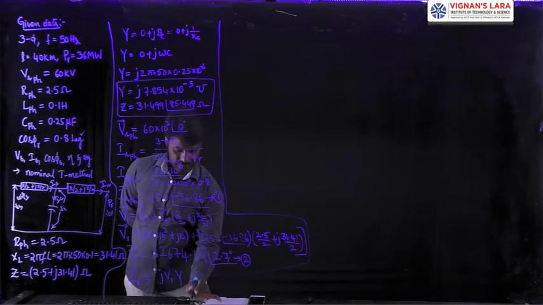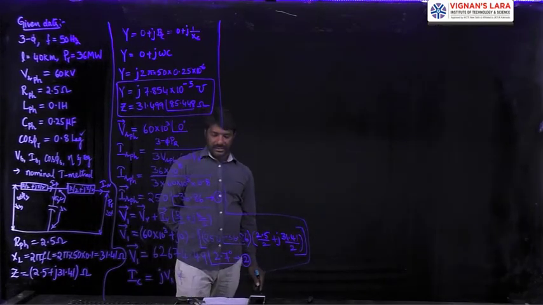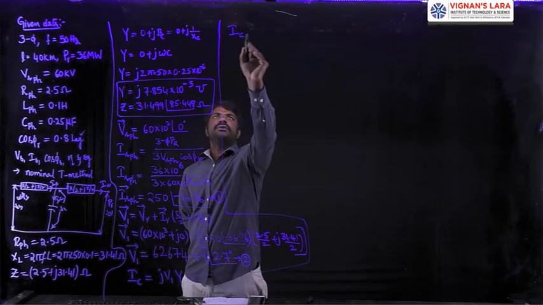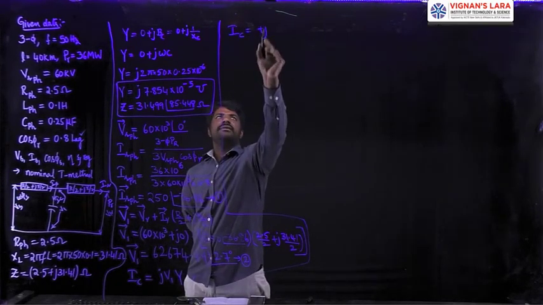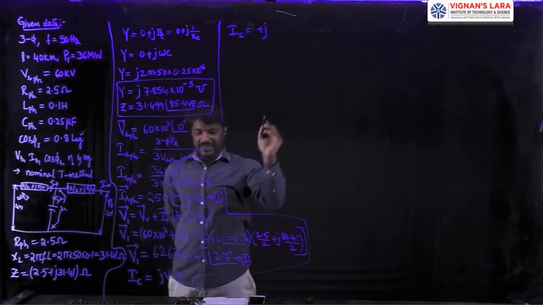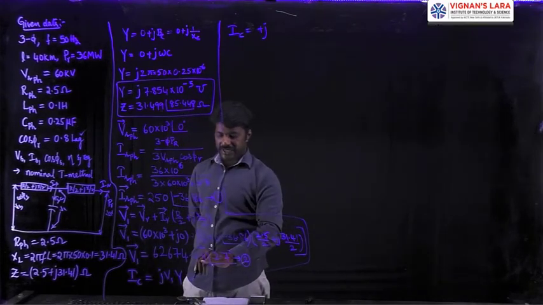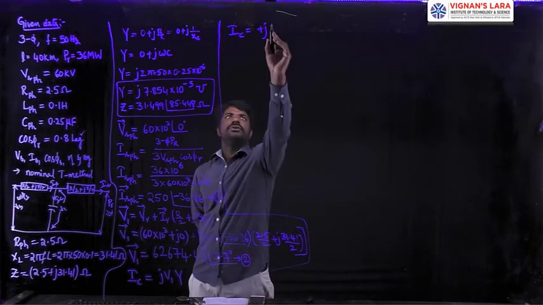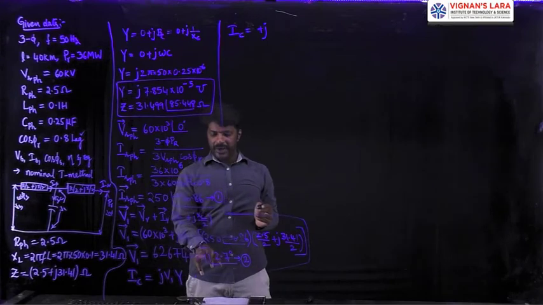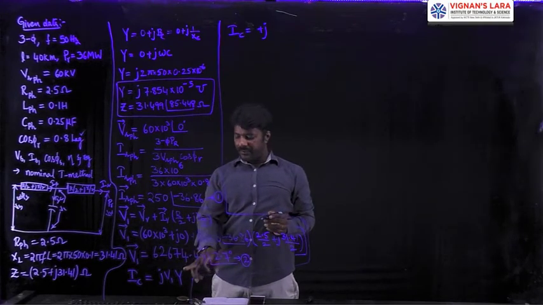So what is that IC? Now I can write IC as plus j V1 value. What is V1? In phasor notation, polar form, we know the value. Its value is 62,674.49. It should be multiplied with Y.